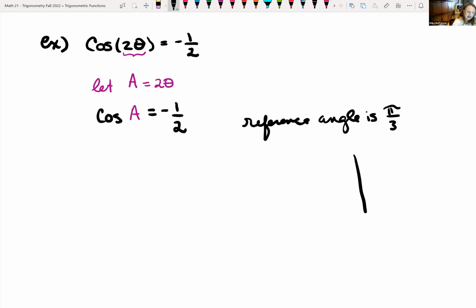So I know that cosine is negative in quadrant 2. And if that reference angle is pi/3, then pi minus pi/3, so 3pi/3 minus pi/3 is 2pi/3. So A can equal 2pi/3.